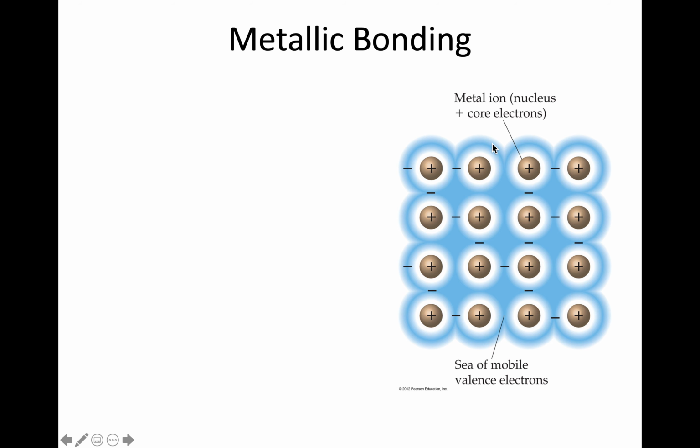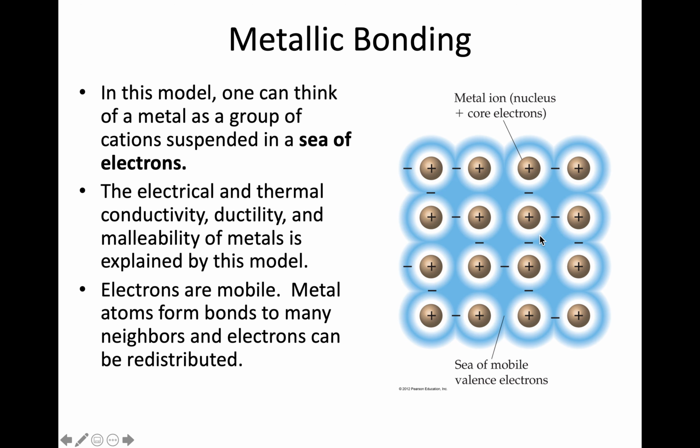We have now a whole array of cations, but instead of taking the electron and putting it on a specific anion, let's have them delocalized and distributed throughout. This is what it means to say there's a sea of electrons. You're taking the electrons and you're delocalizing them.